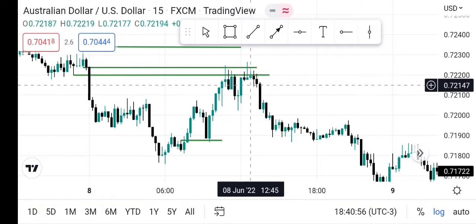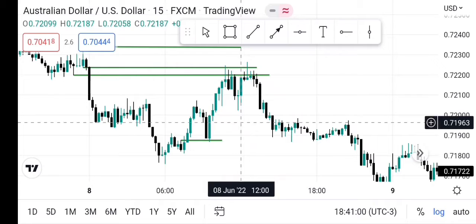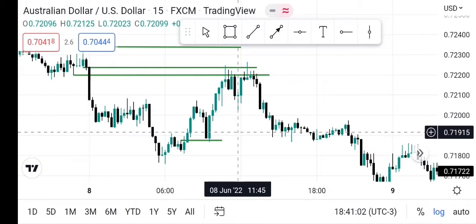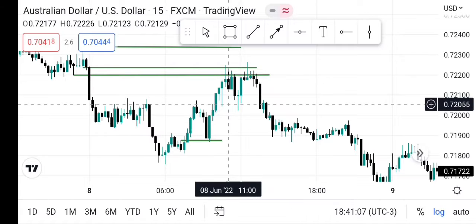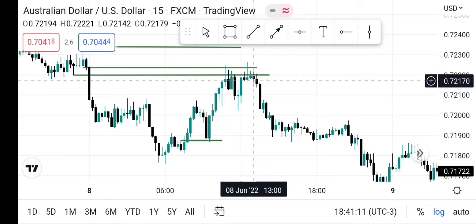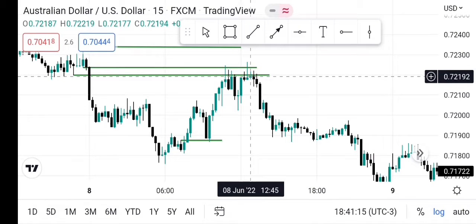Now there is a break of structure. Price broke down. So now let's look at these two levels. Let's take the swing low, and then we're also going to take the low of this bullish candle at the swing high.